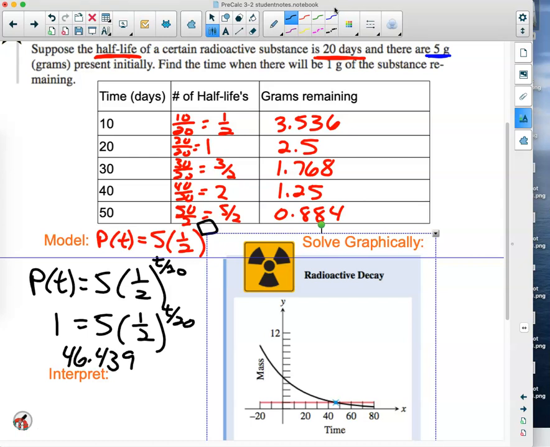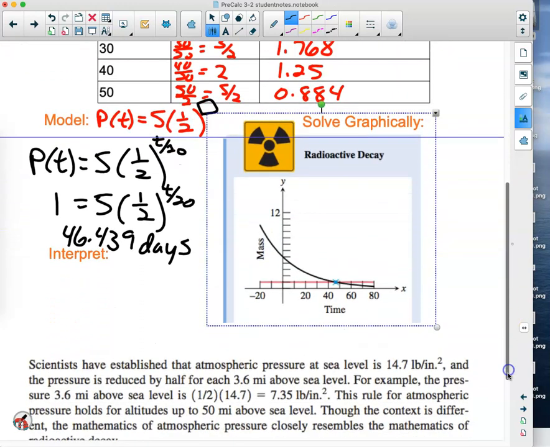Now, this information was all given in days. And the question actually said, find the time when there will be 1 gram of the substance remaining. So we could put this into days and hours and make it a little bit more accurate. It won't be wrong to leave it as 46.439 days.